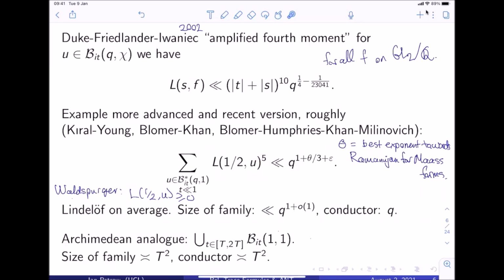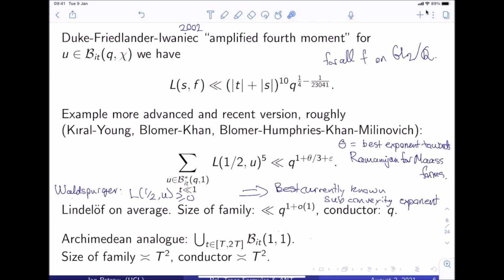And this leads to the best currently known subconvexity exponent in level aspect for GL2 over Q with trivial central character. So the exponent would be 1/5 if I assume the Ramanujan conjecture, and if not, it's a little bit above that.